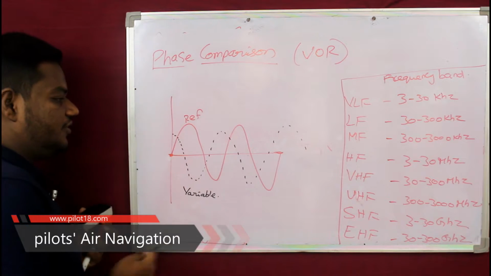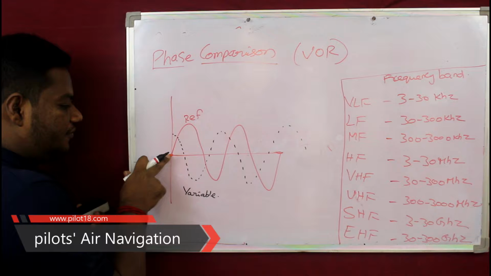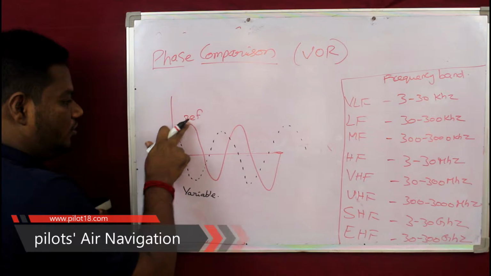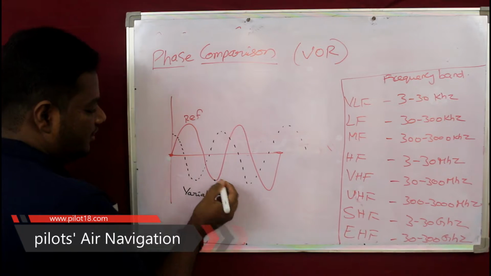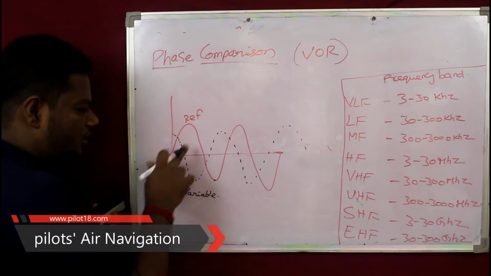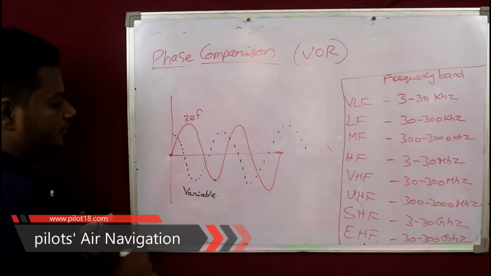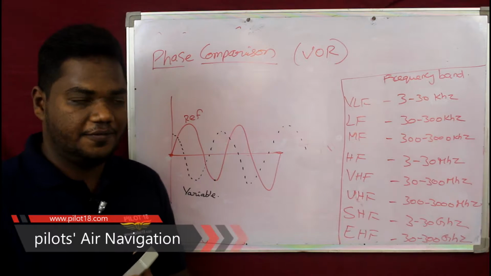To find the phase difference with the help of a diagram, it's very simple. It's better not to start with the reference; you start with the variable wave. You need to find out the starting point of the variable wave.